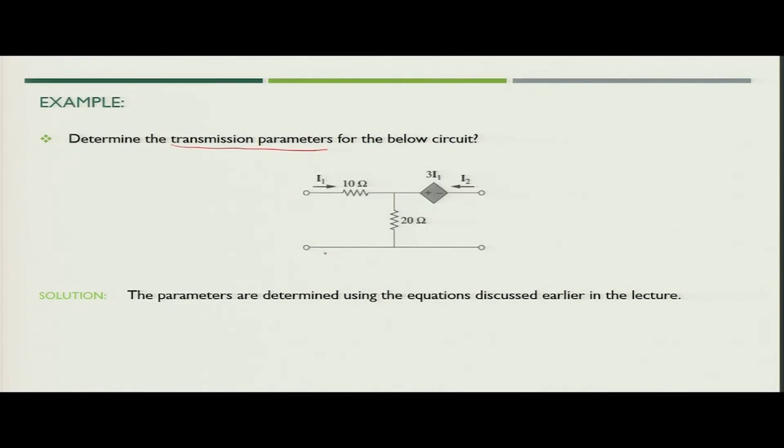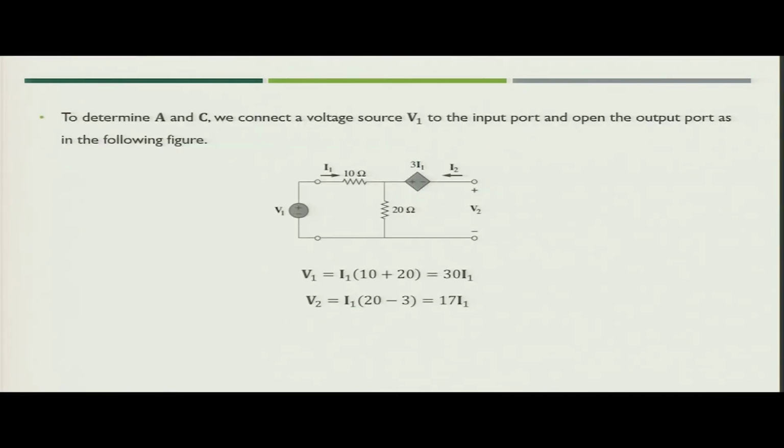Let us see there is one circuit as given in the figure. We have two resistances and one dependent voltage source, and we need to find out the transmission parameters for this particular circuit. So, we will use the equations and we will set the output port first as open circuit, and then short circuit, to find out the circuit parameters.